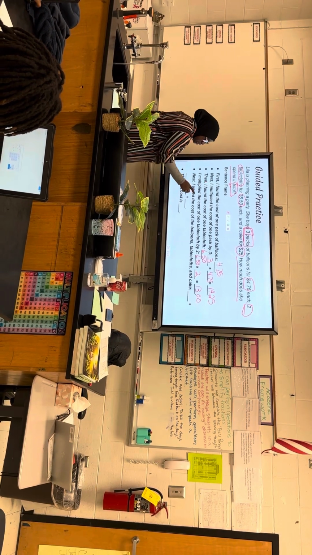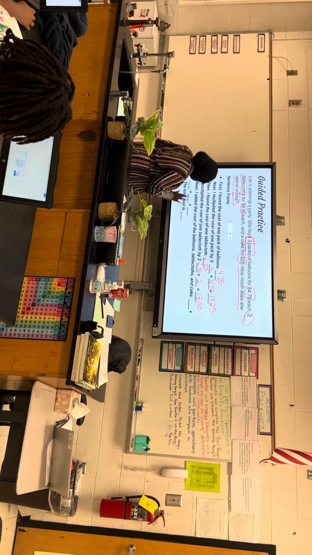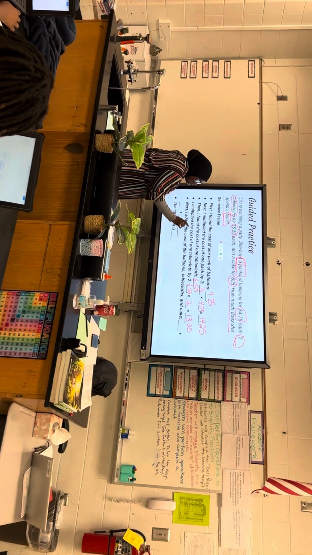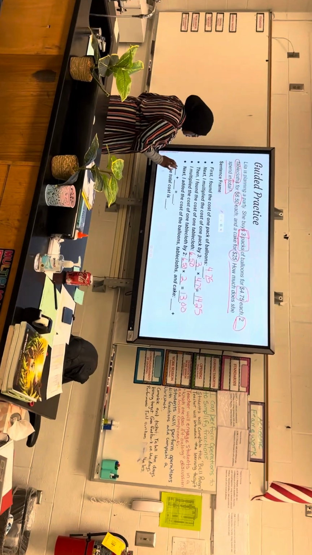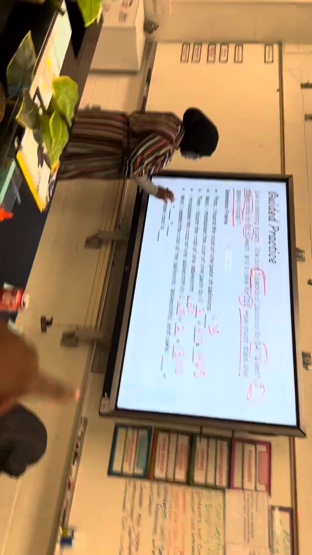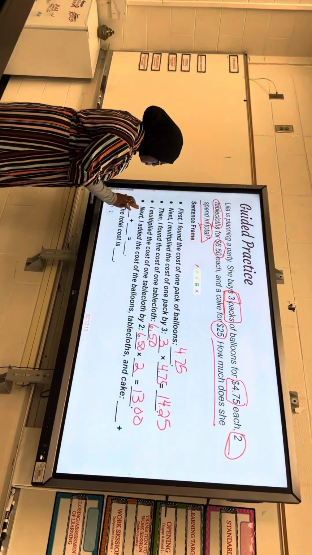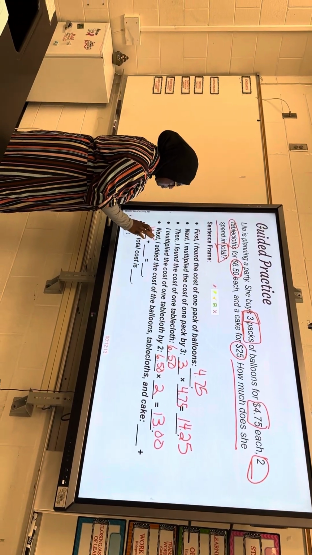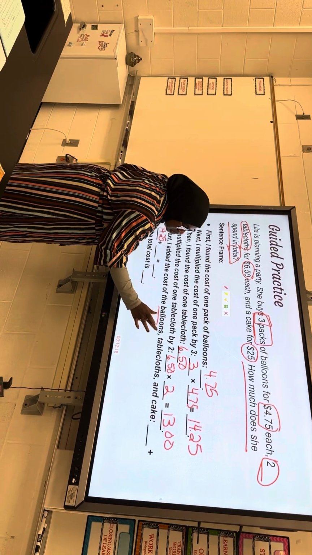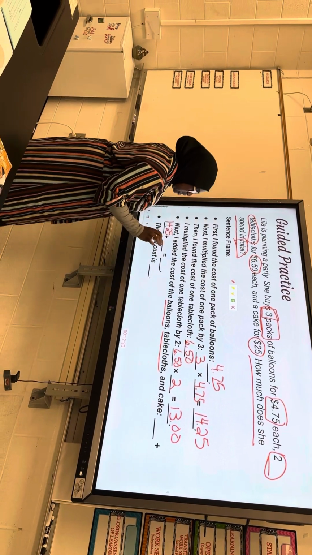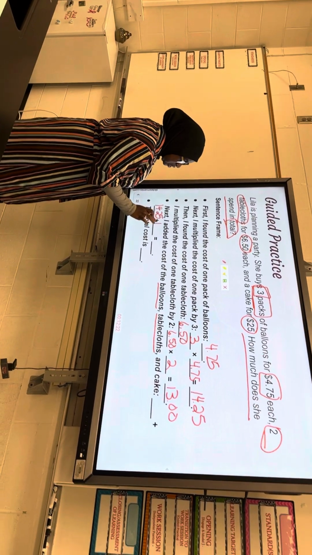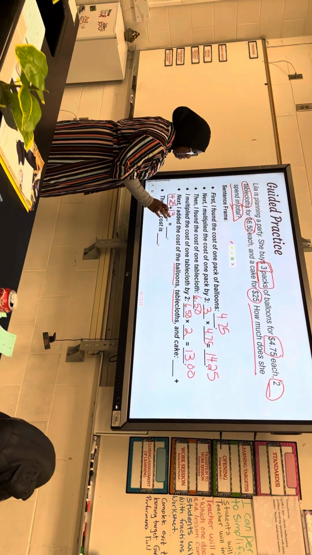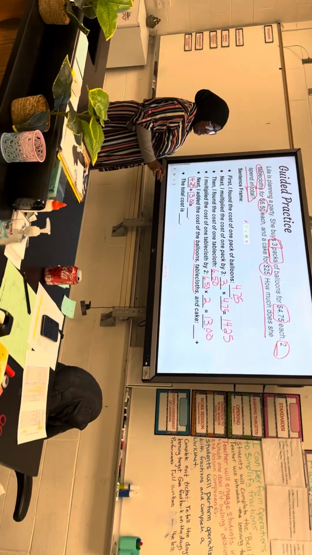So here, look at how many spaces we have. 1, 2, 3. So the balloons are $14.25. The tablecloth is 13, right? $13.